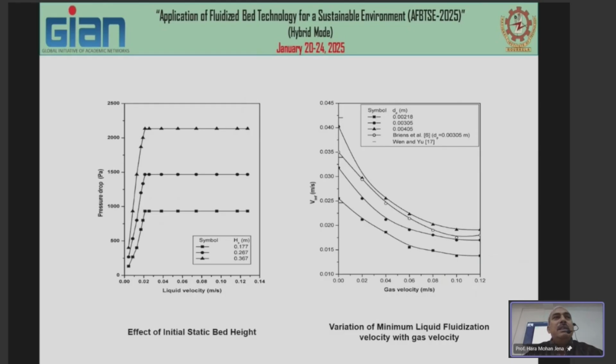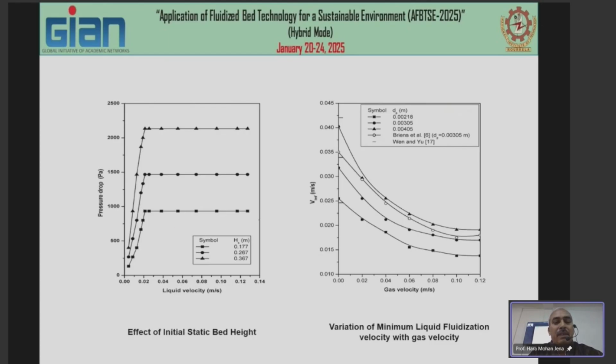Minimum fluidization velocity is nothing but the liquid velocity that is needed to make the solid particles suspended. Unless there is variation in the solid density or particle size, simply increasing the bed height does not change the liquid minimum fluidization velocity, whereas what is changed, you see, is a drastic difference in the overall bed pressure drop.